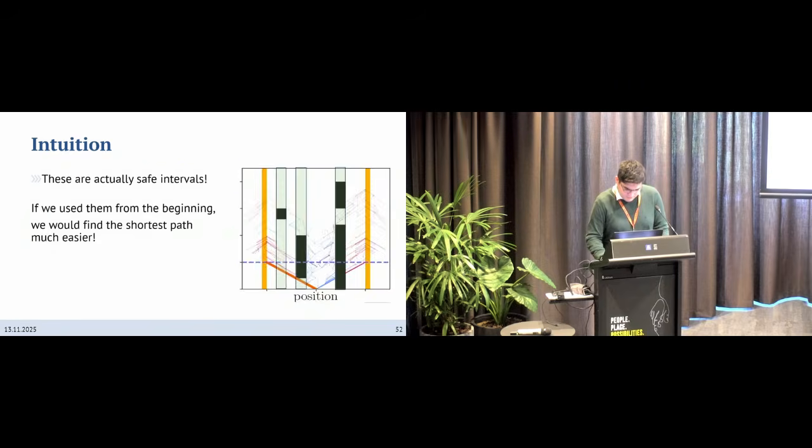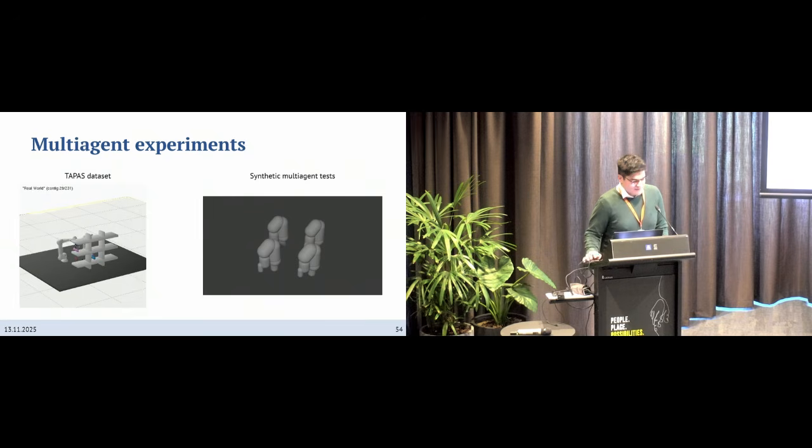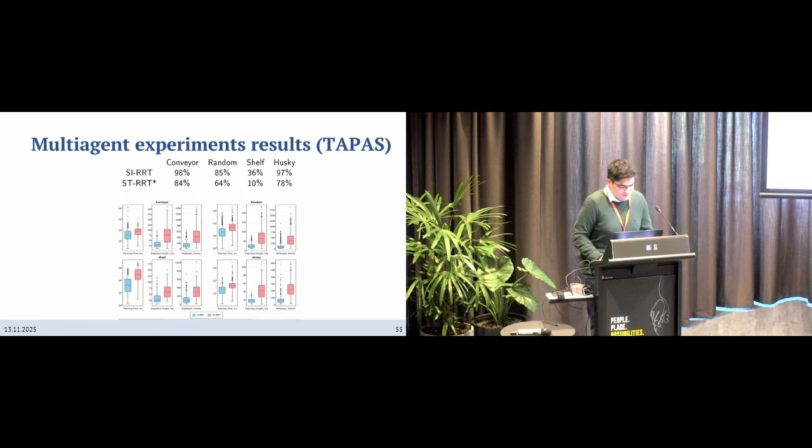applications. First of all, we tested our planner in multi-agent prioritized planning, when other robots with higher priorities are treated like dynamic obstacles, and it worked very well and better than RRT star.